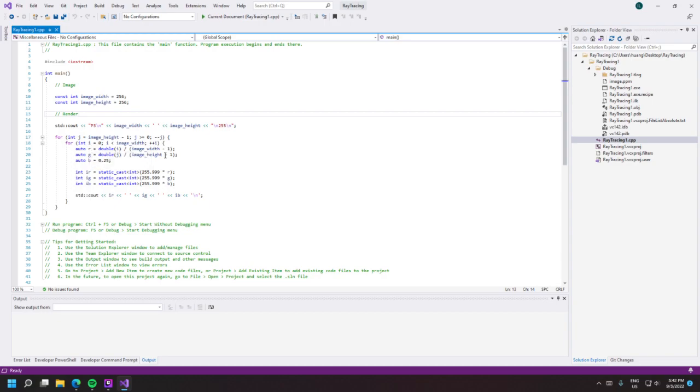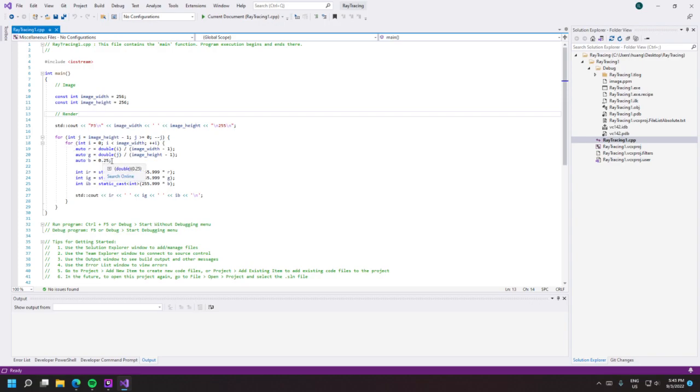It has three variables, RGB. I mean, it's red, green, and blue, but I actually don't know what the significance is here. My guess is that this is going to do a gradient.